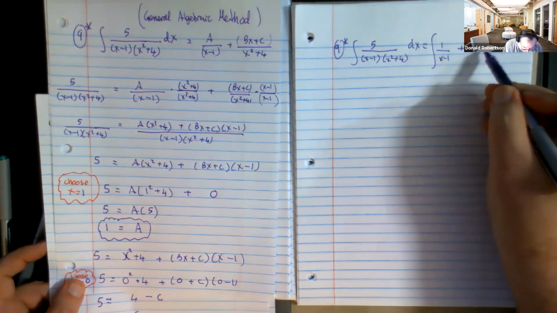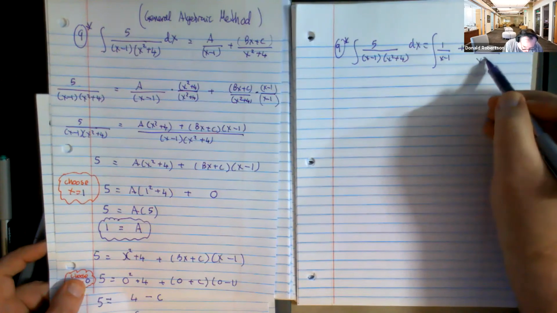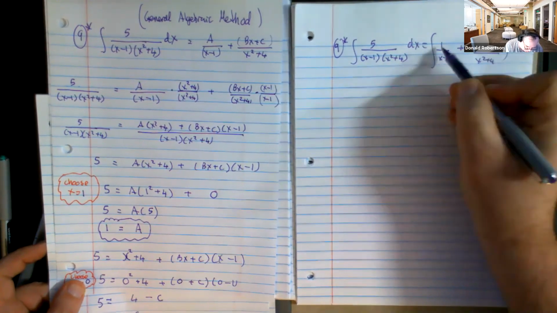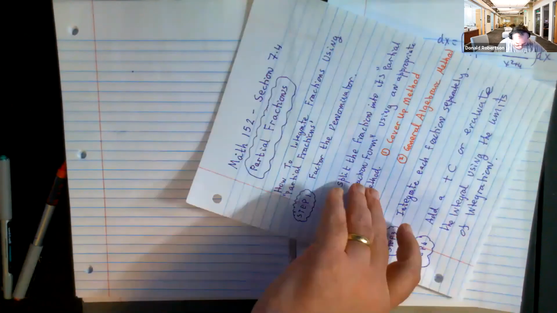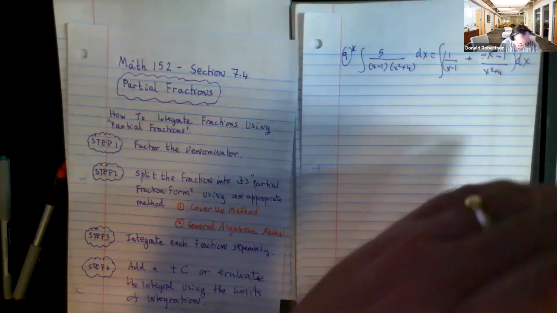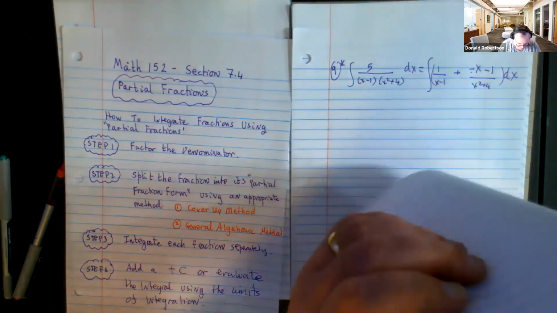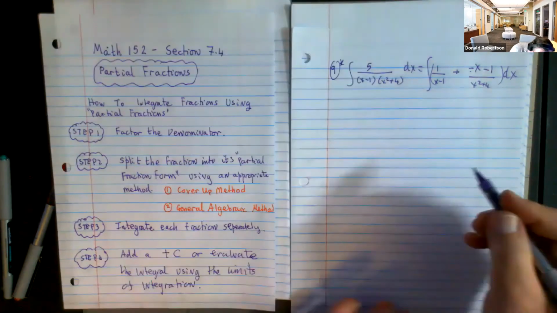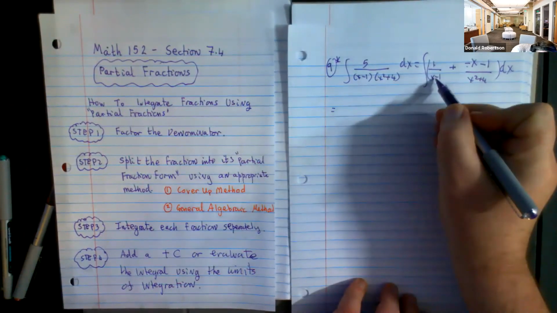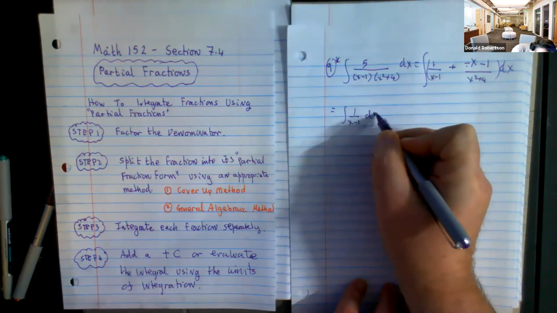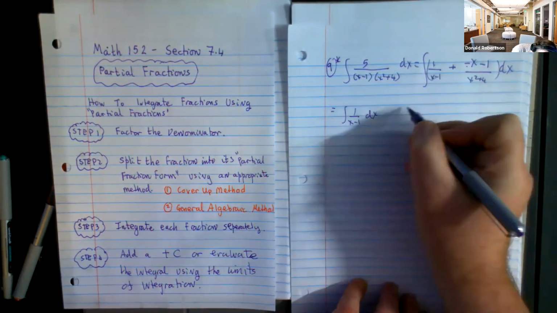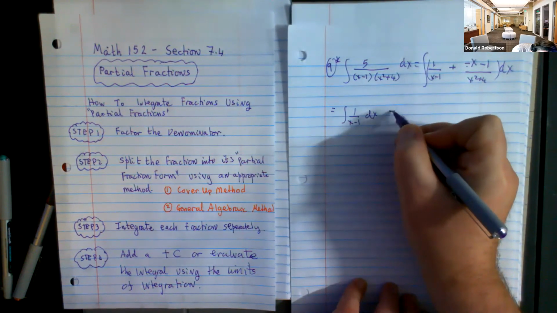So that's b and c over x squared plus 4. And we got that one. So I should be able to integrate this. 1 over this guy. Check. See these two guys? Separate them out.